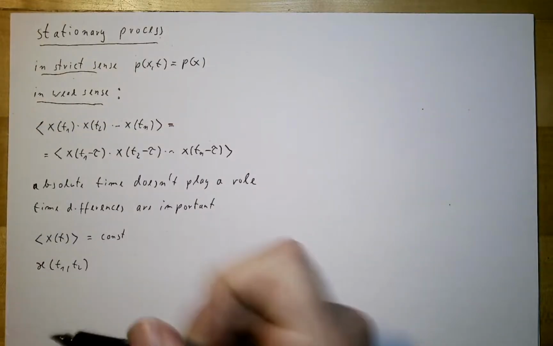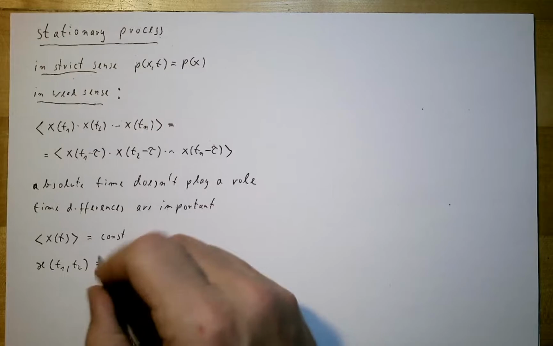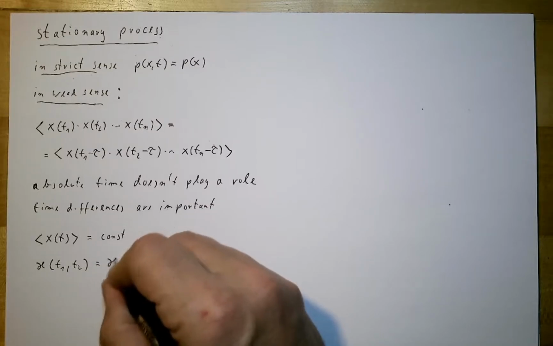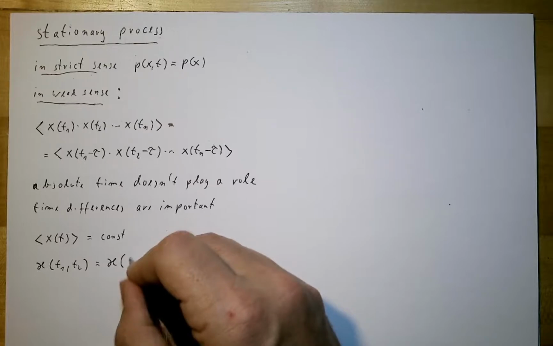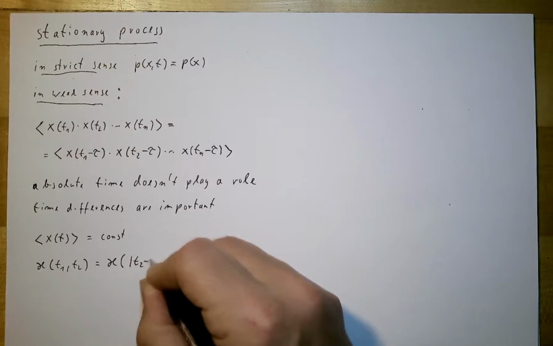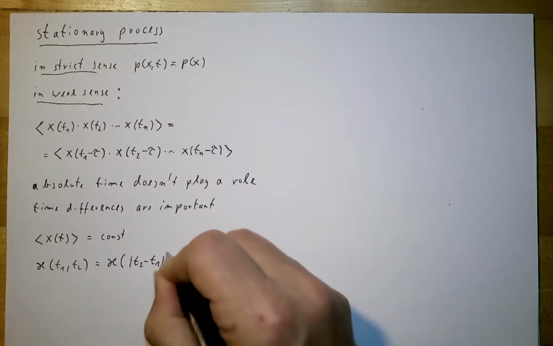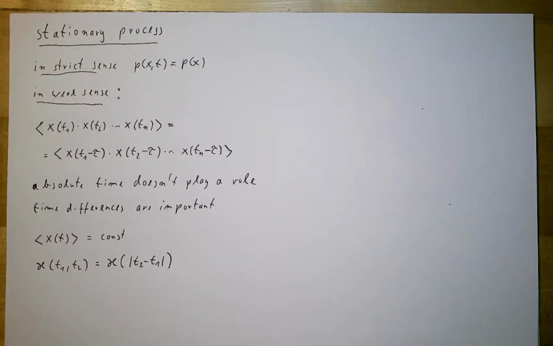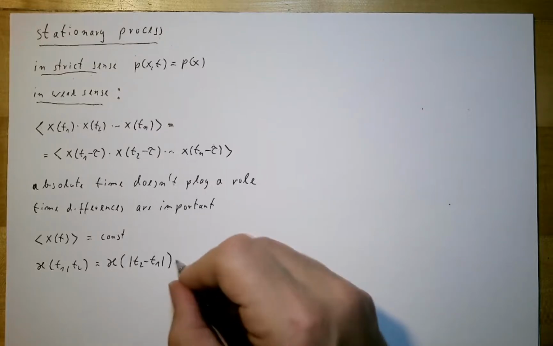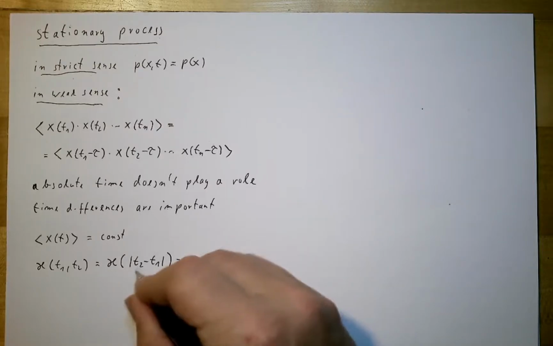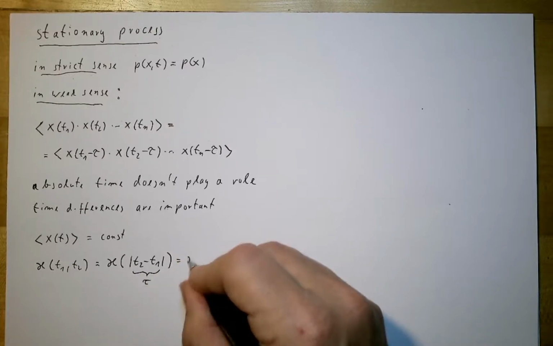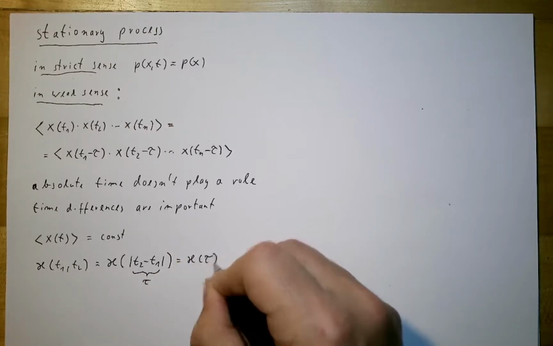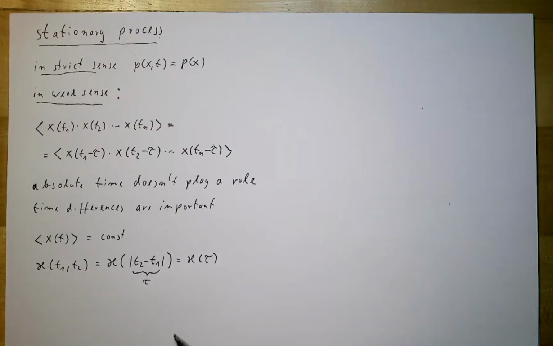So this is actually a function which depends on the absolute value of the time difference between the variables. And we call this very often here the time difference tau. So this is just a function which depends on the single variable tau.